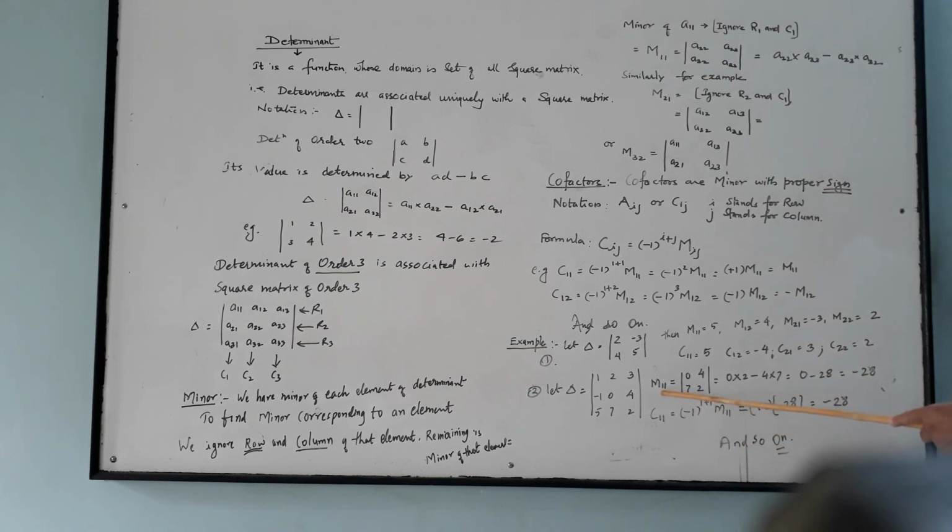Since M11 has I equal to 1 and j equal to 1, I plus j is even, so minus 1 to the power 2 is equal to plus 1. So since M11 was minus 28, C11 will also be minus 28.